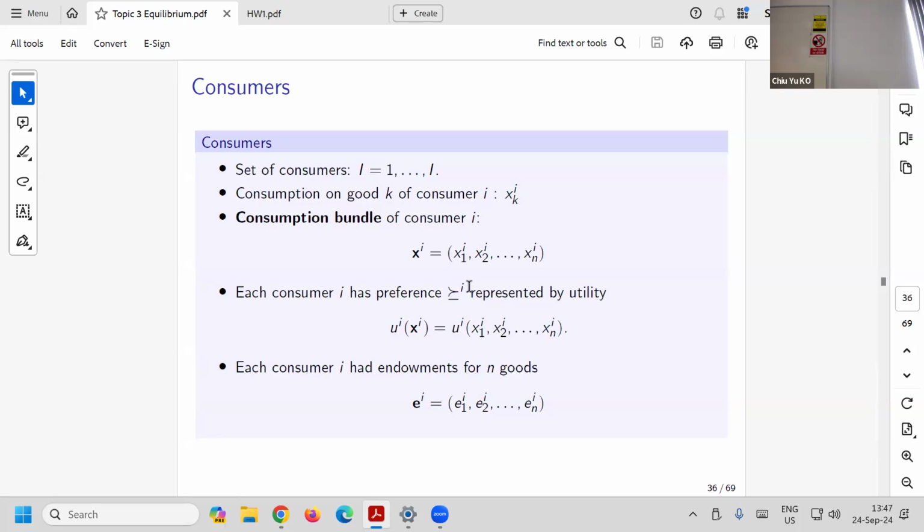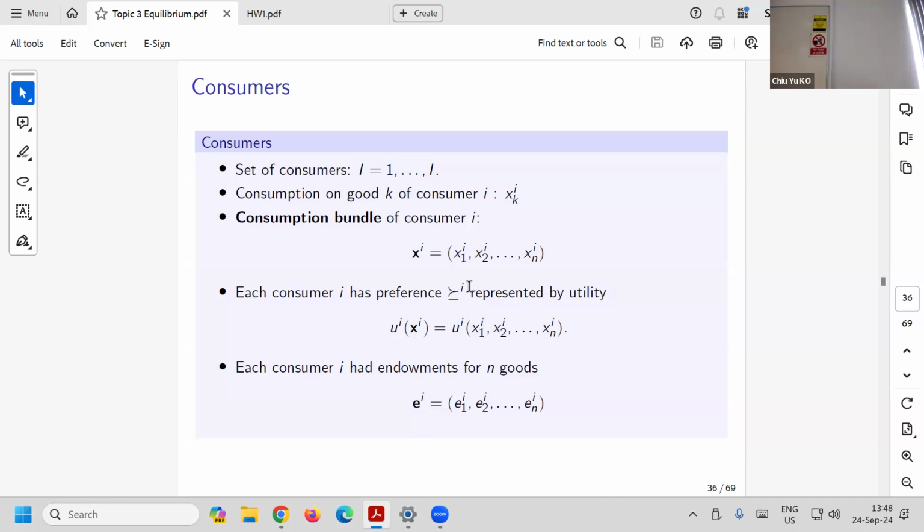And the consumption bundle for consumer i will be x^i_1 up to x^i_n. So there are n different goods, okay. So it's different from chapter 1 where we had n goods for one consumer, but because now we have multiple consumers, that's why the superscript is the individual. Again, the subscript is the good. So there's a consistent notation here.